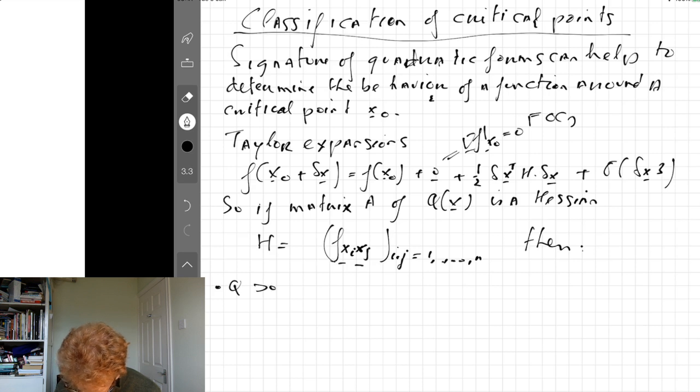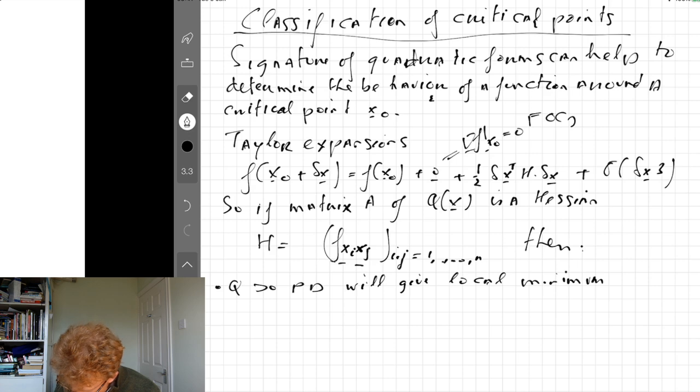Q bigger than 0, positive definite, will give a local minimum. Q less than 0, negative definite, gives us a local maximum.